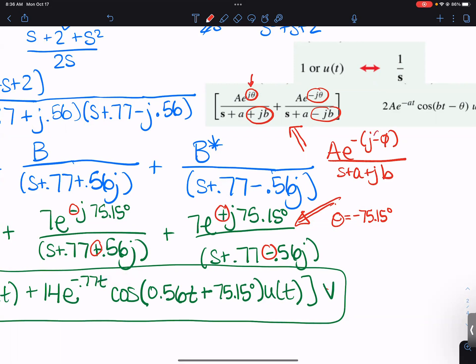So that means that theta has to be a negative. I have a negative theta, so the only way for that to be positive is to have a negative value of it. So theta has to be a negative 75.15. Think about that for a minute. All right, other questions?